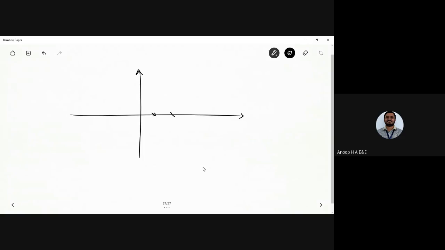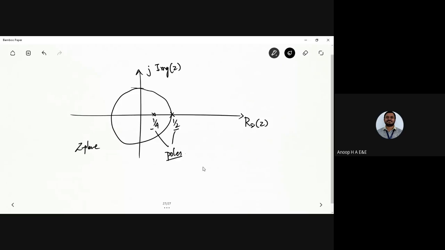Okay, so this is 1 by 4 over here, this is 1 by 2, and the circular region, let me draw it, taking 1 by 2 as the radius. I have drawn a circle, and this is the entire z plane. This is the imaginary part of the complex number. So the real part and the imaginary part form here, and you have 1 by 2 and 1 by 4 both as the poles.